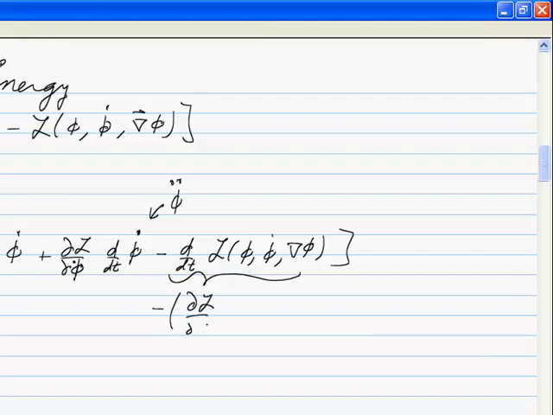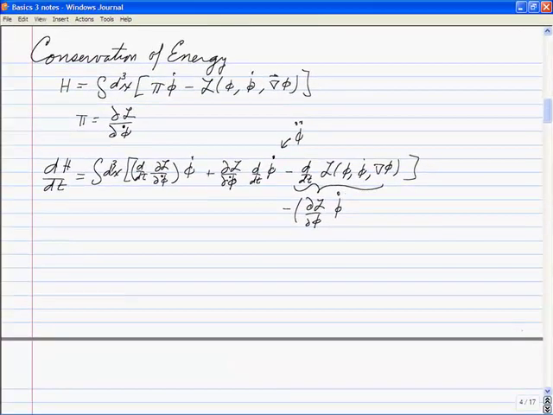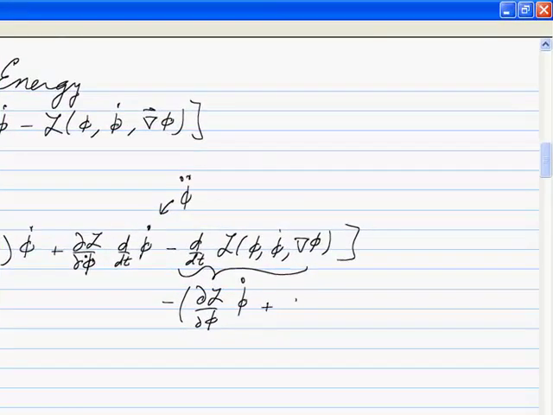It's dL/d phi times d phi/dt. But it could also depend on phi dot, so then it's dL/d phi dot times phi double dot. And plus the partial with respect to del phi of d by dt of del phi.